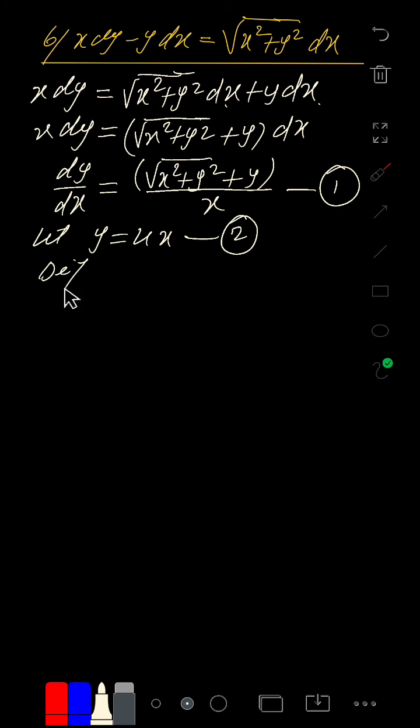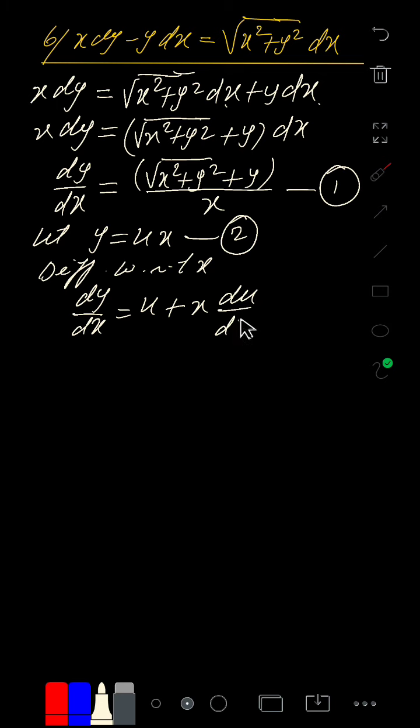Differentiating with respect to x, we get dy upon dx is equal to u plus x du upon dx, be equation number 3.